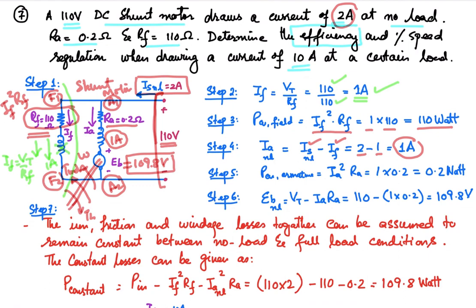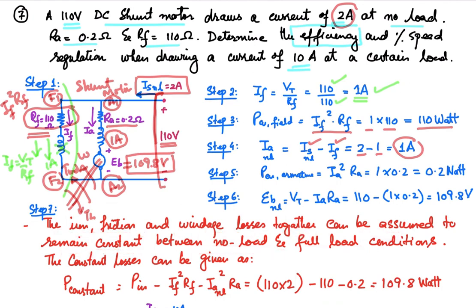So iron losses will be constant, and the mechanical losses will be constant. So iron, frictional and windage losses together can be assumed to remain constant between no load and full load, because when the load changes, armature current is going to change, and all the other parameters remain constant. So those will be considered constant.